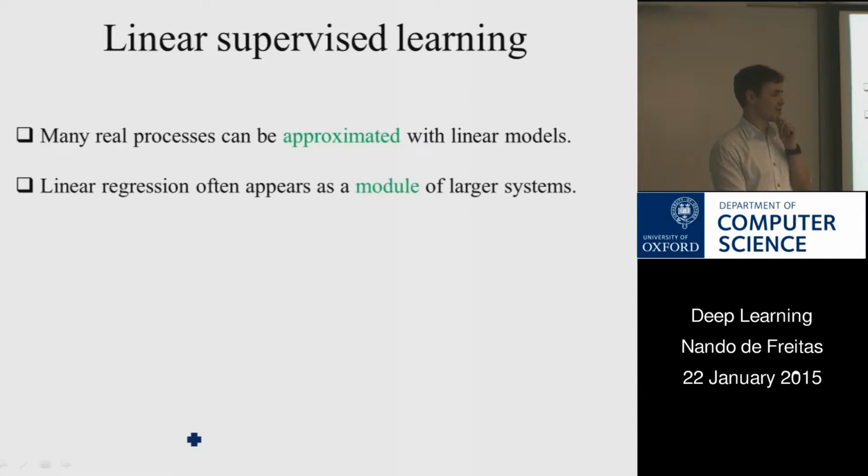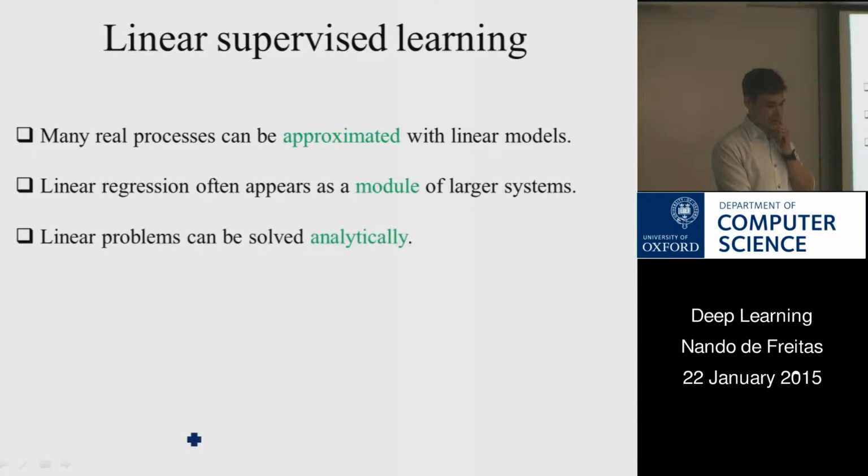Also, you'll see that most of these models have as a submodule a linear module. So if you can understand how these submodules work, then you can take advantage of them to build large architectures. Linear models are also nice because I can teach you the basic concepts of statistics with them, because I can do everything by hand.